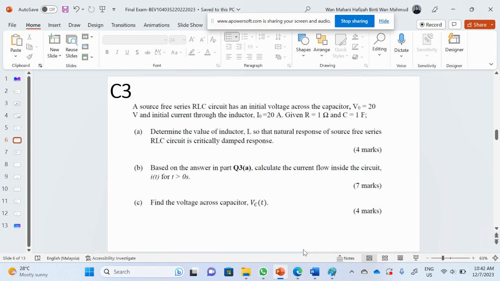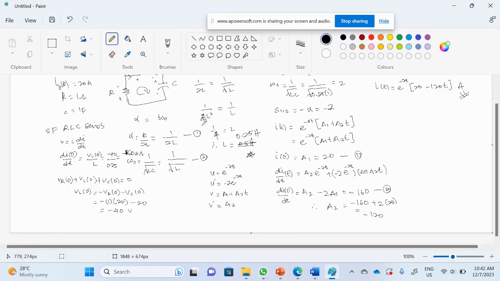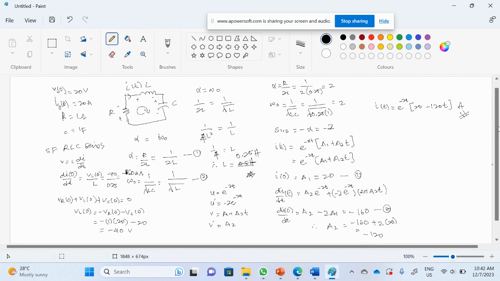Right. So, sekarang ni, soalan dia minta suruh cari vC pula, voltage dekat kapasitor. So, kalau kita ada current, kita nak cari voltage untuk kapasitor, kita kena integrate, which is a hard thing to do. That's why kita guna equation v equals to L di/dt.